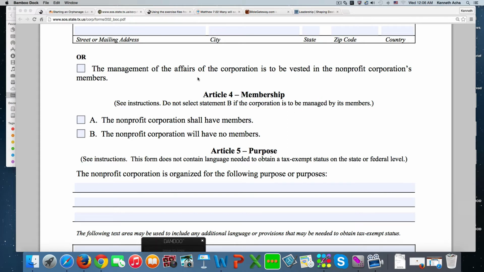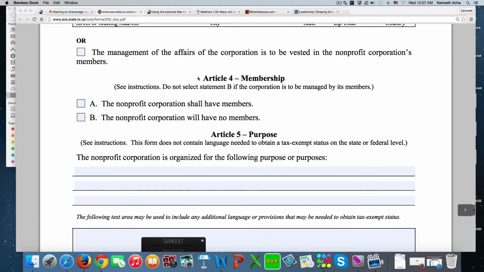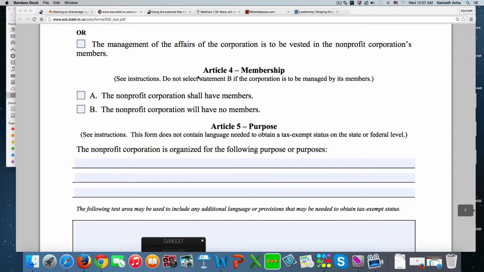I discussed a little bit on membership in this course, and I'm going to repeat it here. Members would be like a group where you have a community, for example, and they meet together and select their board members. They basically vote the board members in, and they can vote them out, and that's how it works. A city, for example, is like that.